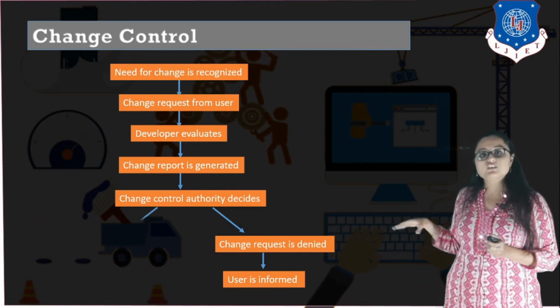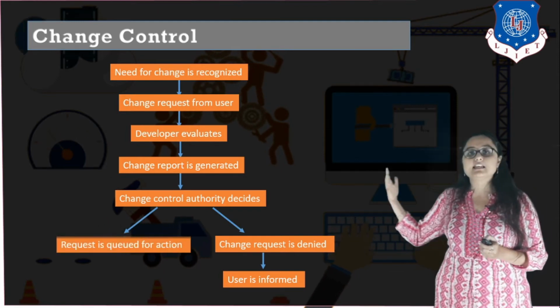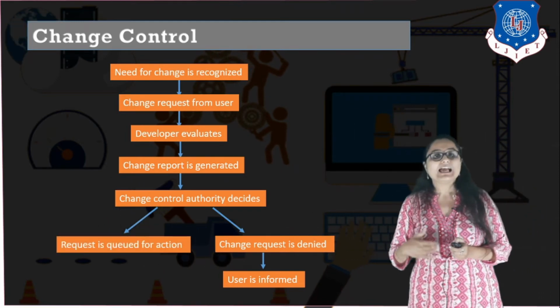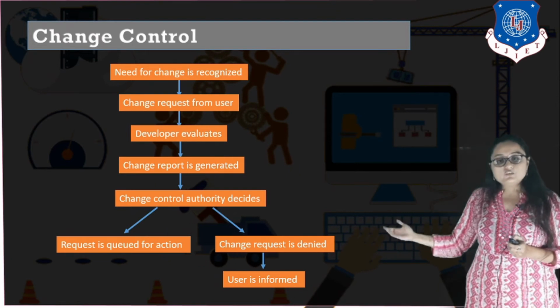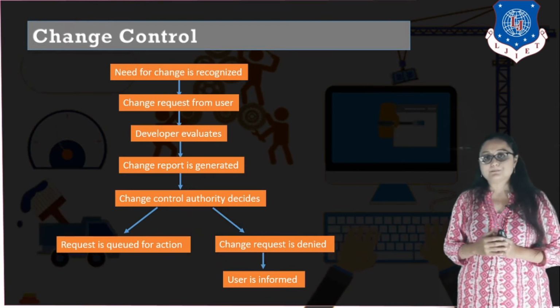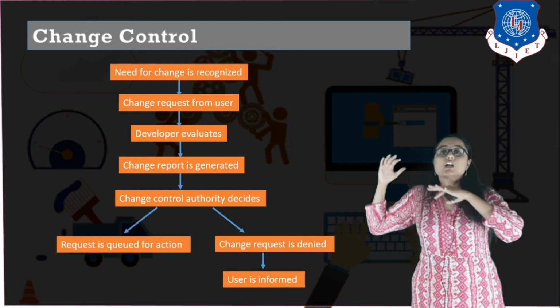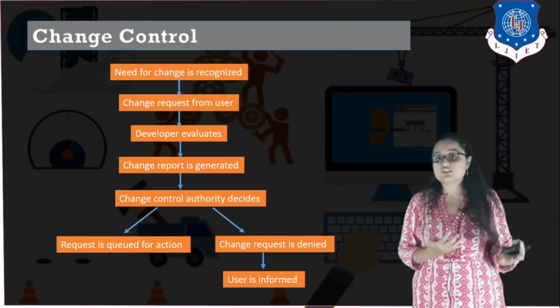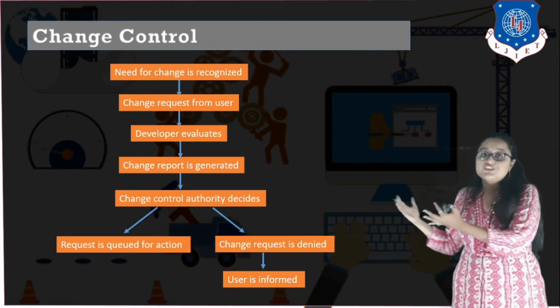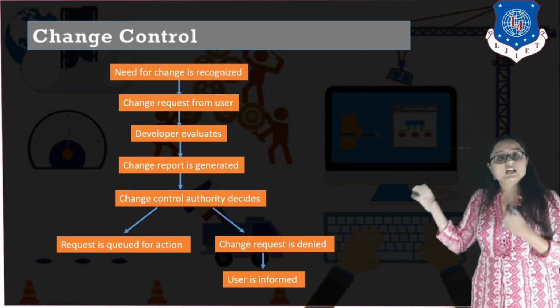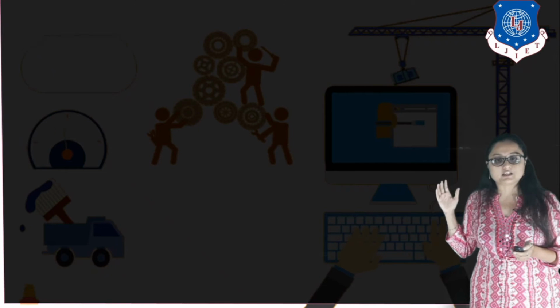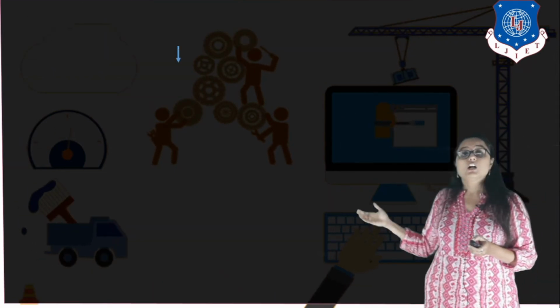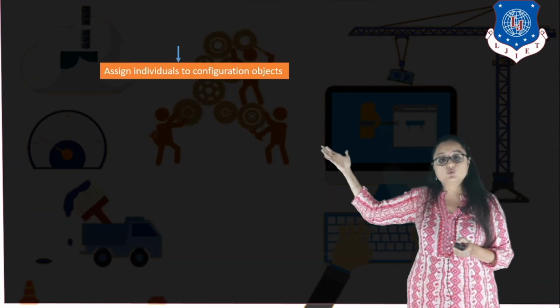Now if the change request is not denied, it means the next option is that the change request is accepted. So the request is queued for action, because it is a possibility that currently there are some major methods or functionalities being implemented, and this change request is not a priority. So we are keeping this change request in the queue, right? Now after the change request is in the queue, what will happen?